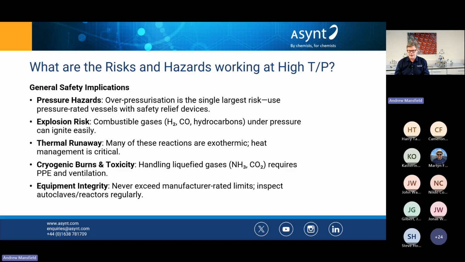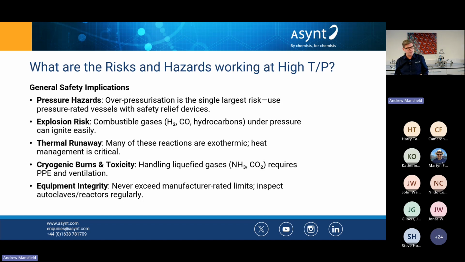So we need to think about properly rated pressure vessels that we know can operate under the conditions we want to operate at, but also have the analogous rated pressure relief system, whether that's a burst valve or a pressure release valve. We need to think about explosion risks.